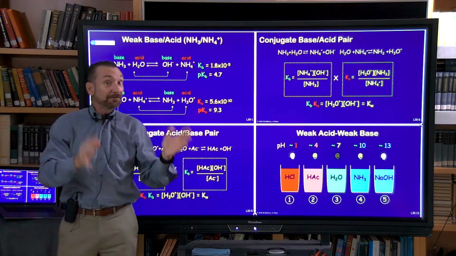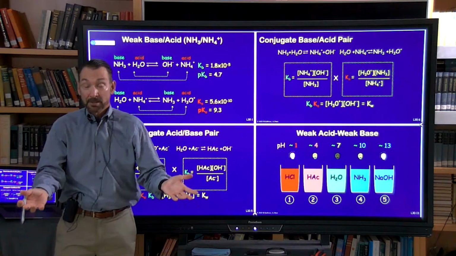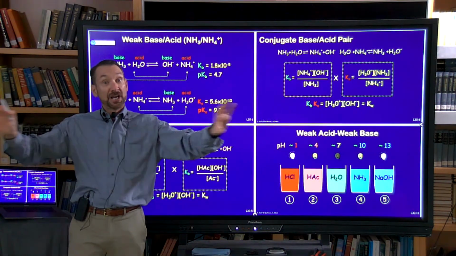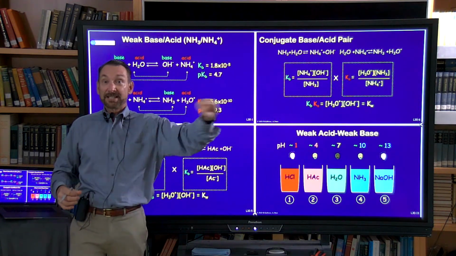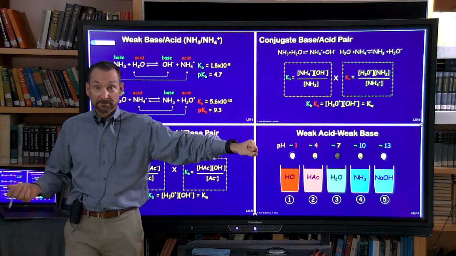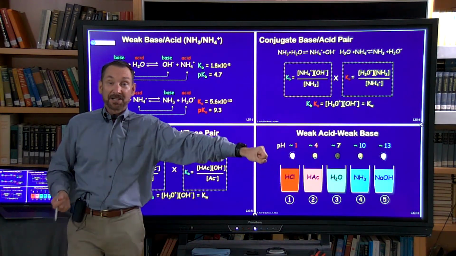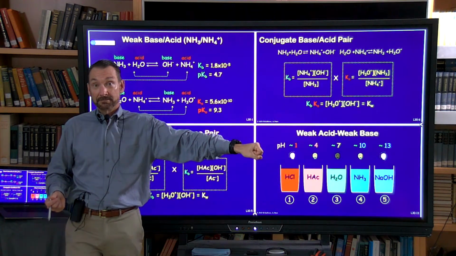The cutoff, basically, is the free energy. So when K for the dissociation, for the proton leaving the acid, is greater than 1, it's spontaneous, so delta G for that reaction is negative, and that's called a strong acid.